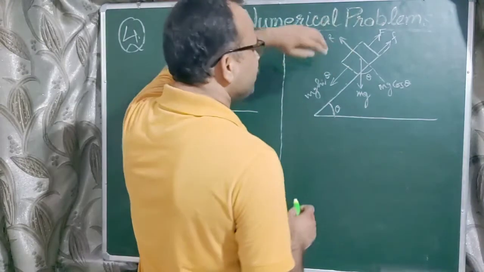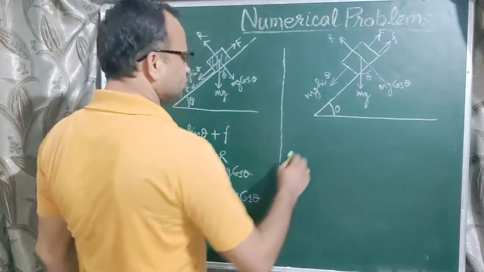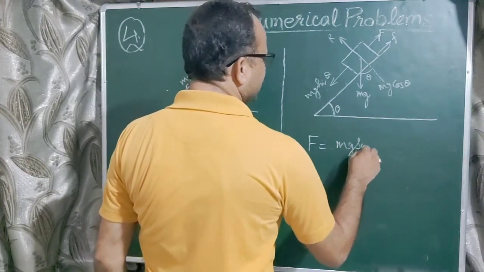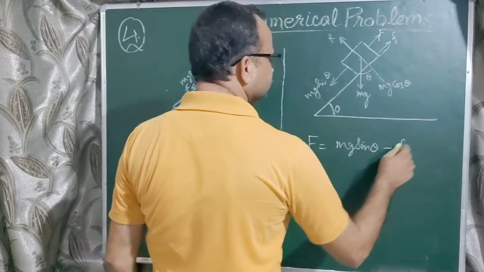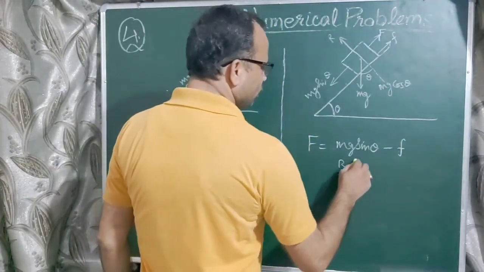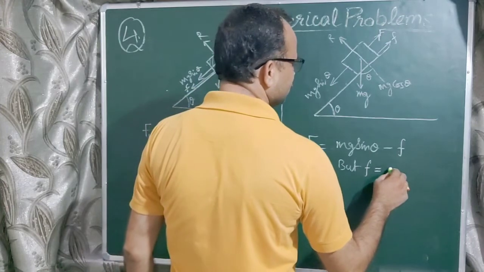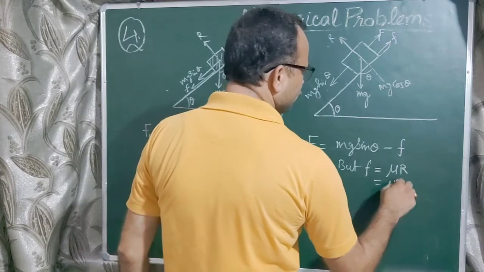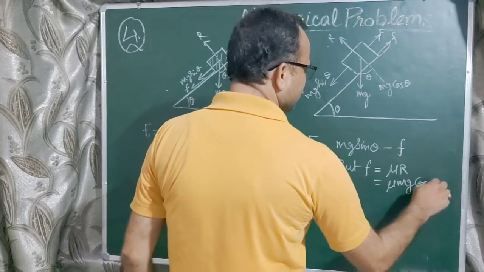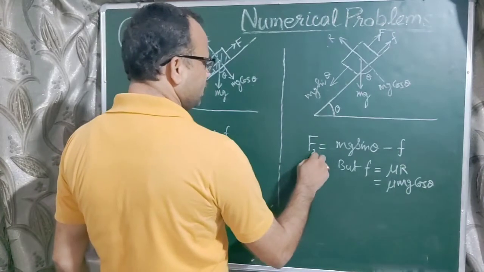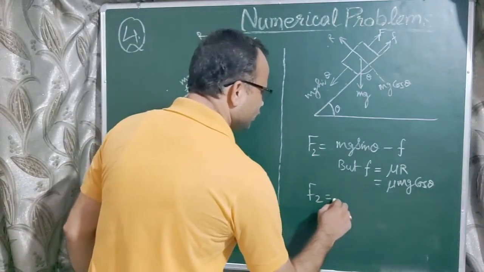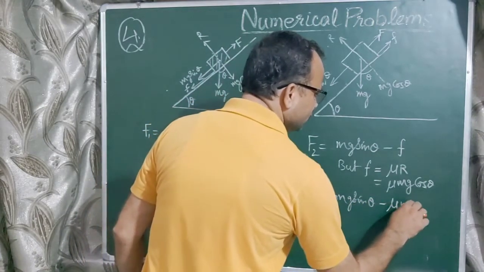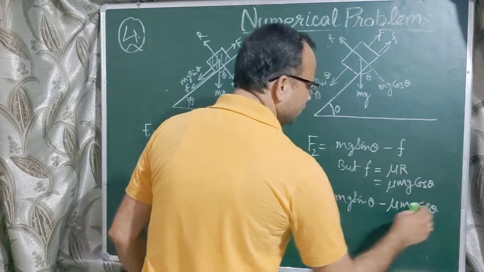The minimum force required to prevent sliding down is F equals mg sin theta minus the frictional force, but the frictional force is mu R, and R balances the perpendicular component of weight, so mu mg cos theta. This force is given by F2, so F2 equals mg sin theta minus mu mg cos theta.